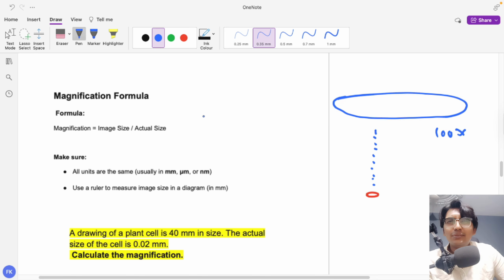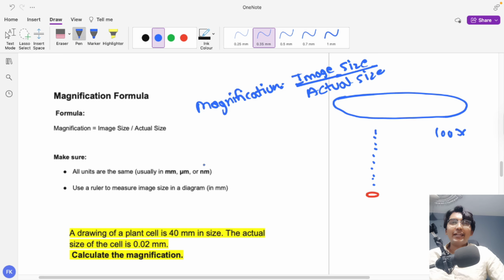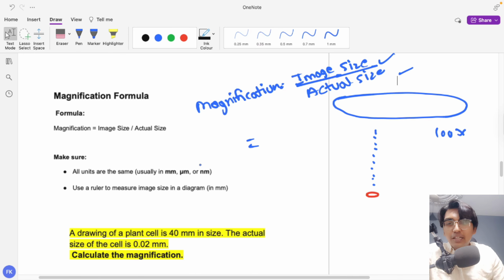So what is magnification? The simple formula of magnification is image size by actual size. And you need to remember one thing: every unit should be equal. For example, the image is in millimeter, the actual size is in micrometer. You cannot just write the formula down.